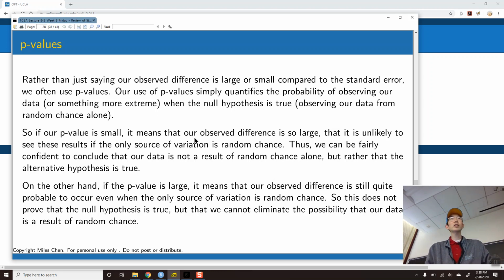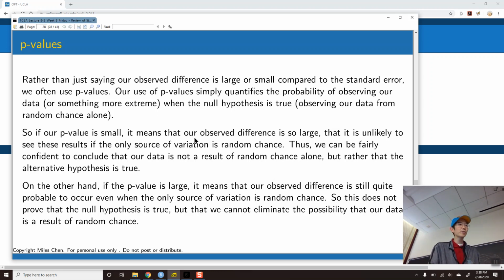On the other hand, if the p-value comes back large, it says, yes, you got a difference of 2 points. You're expecting a difference of 0, but random sampling shows that you can get quite a few different differences, and getting a difference of 2 is not that unusual.